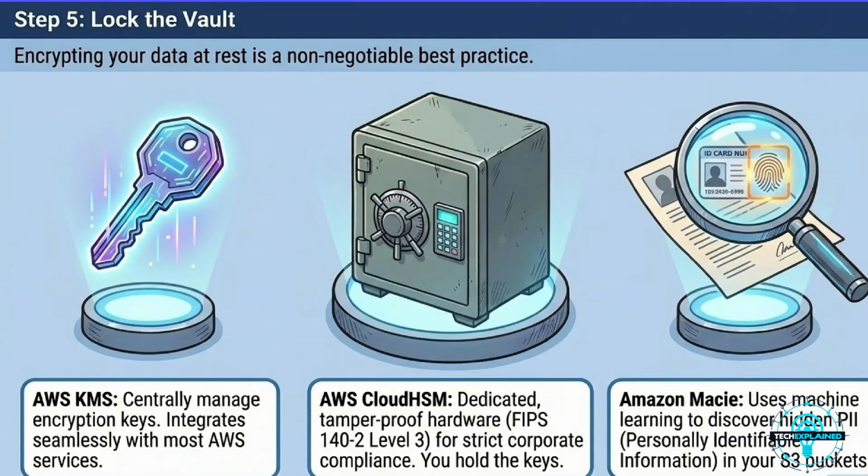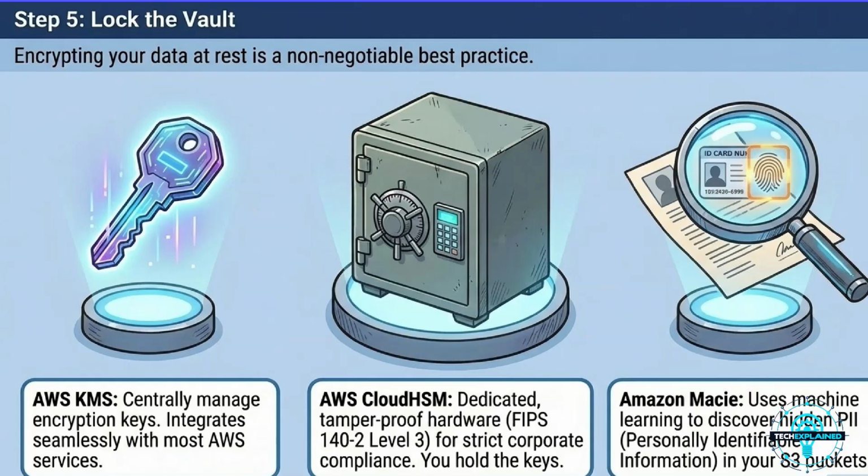Step 5 is where we lock the vault and protect data at rest. Encryption transforms your readable data into an unreadable format without the correct decryption key. AWS Key Management Service, or KMS, is your centralized key management solution. It creates and controls the encryption keys used across your AWS services.